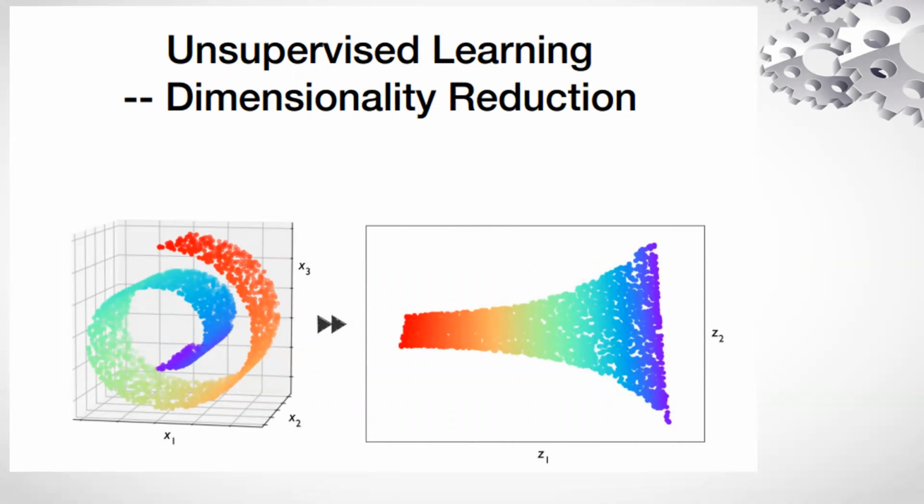In unsupervised learning, we also have dimensionality reduction. So we have this data in 3D, and what we do is reduce the dimension and put it into 2D. Again, it is not really unsupervised classification, but it is a dimension reduction technique.